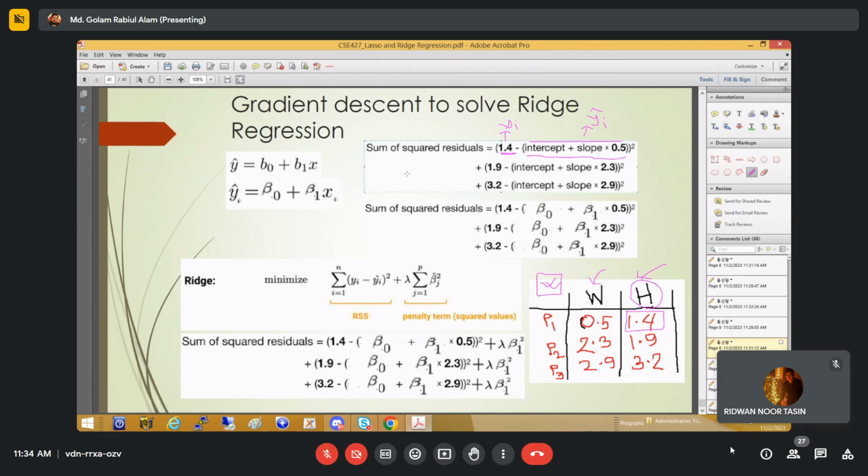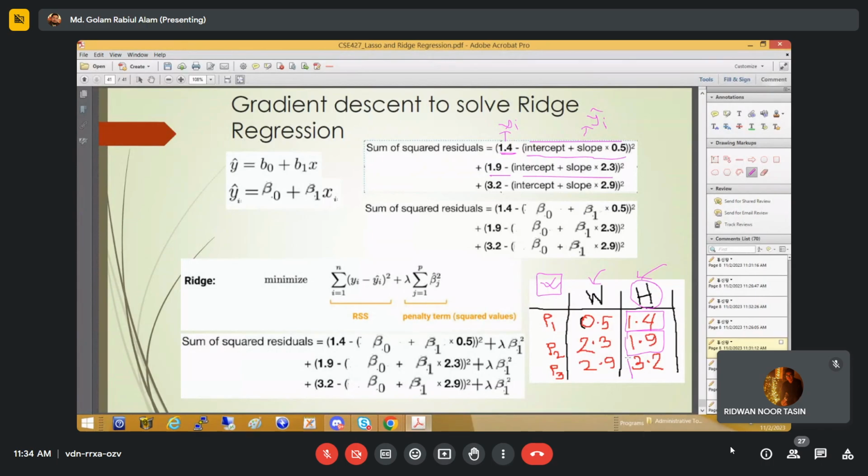Okay, so in our linear regression and gradient descent lecture, we have already discussed that. To find the residual, for the first point, y1 is 1.4, minus the equation. For the second point, yi is 1.9, and then yi hat is this part, our equation.